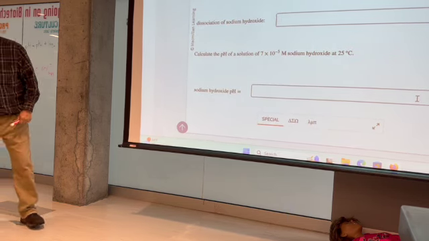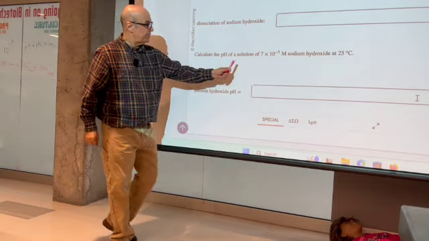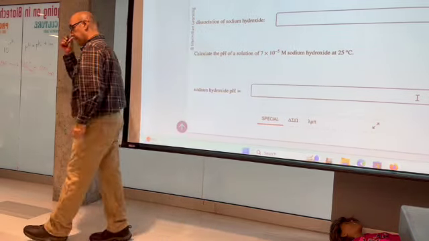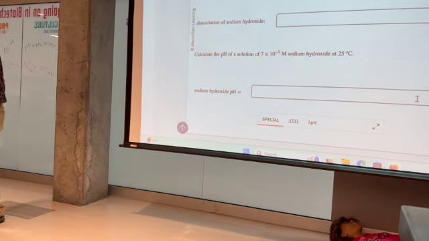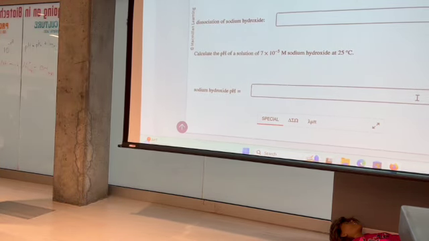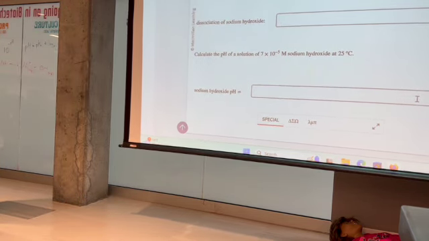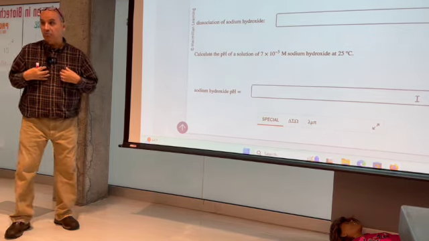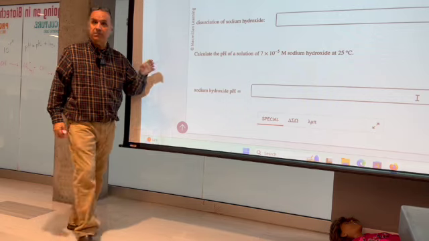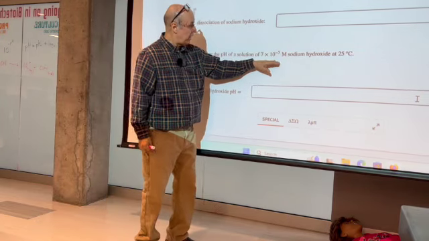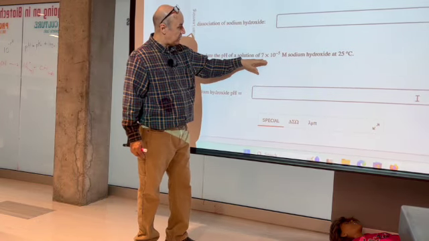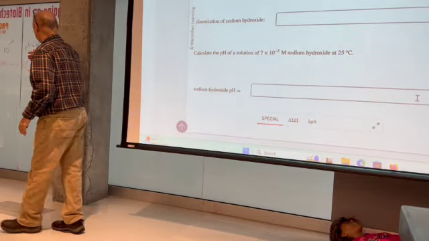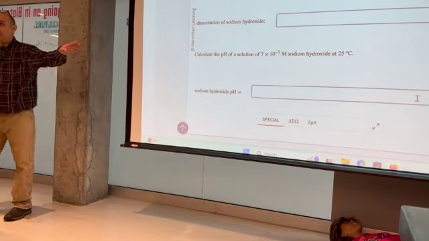Now this is interesting though. Let's think about this one for a second. So sodium hydroxide is not a strong acid, it's a strong base. So it does not produce H+, right? You could easily, I would have, fall for the mistake that, oh, I have the concentration of 7 times 10 to the negative 5, I'm just going to go pH equals negative log of that number.